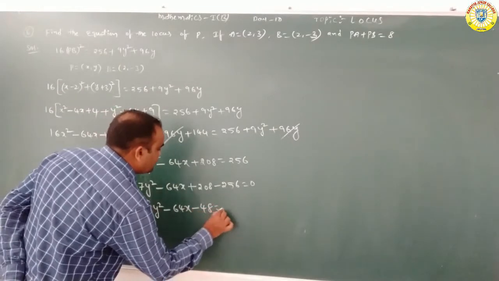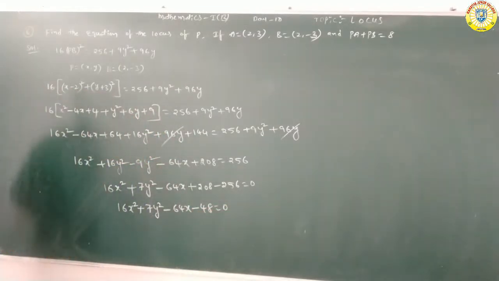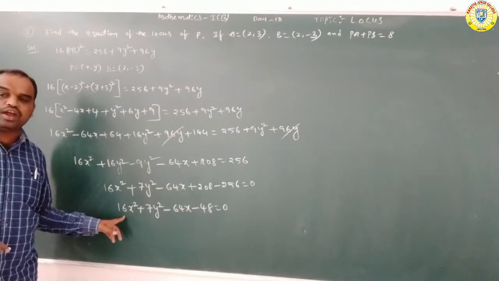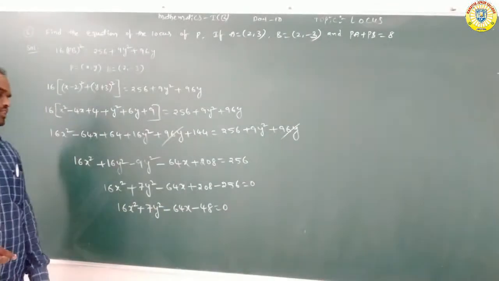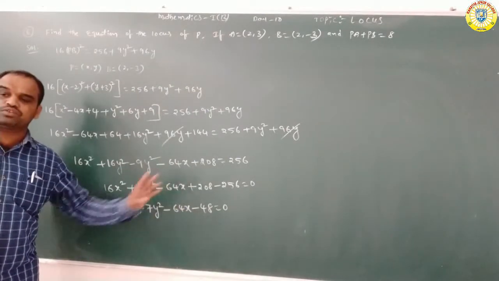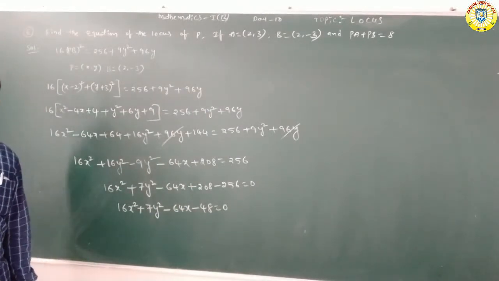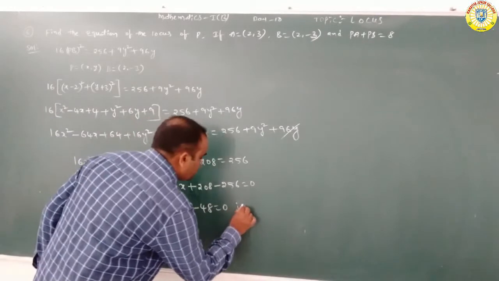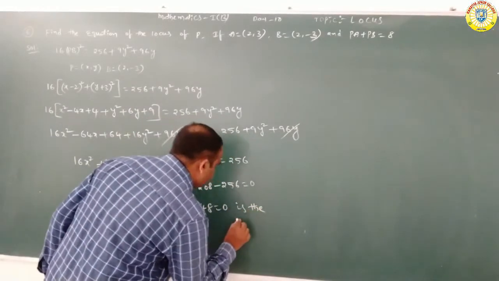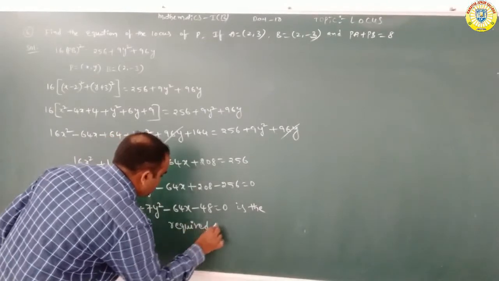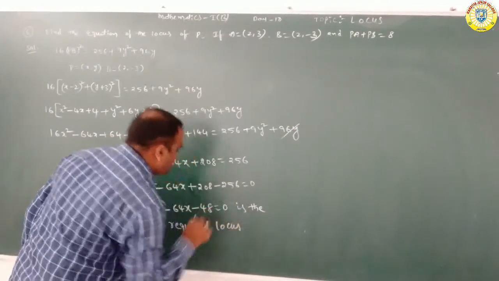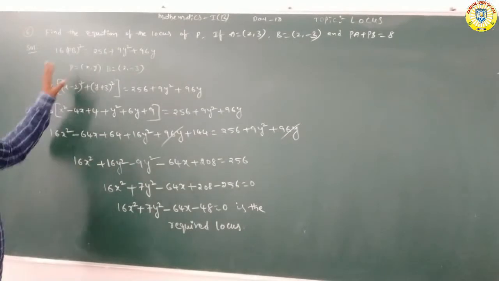Minus 48 is equal to 0. So this is our required locus: 16x square plus 7y square minus 64x minus 48 is equal to 0 is the required locus. All of you note down clearly.